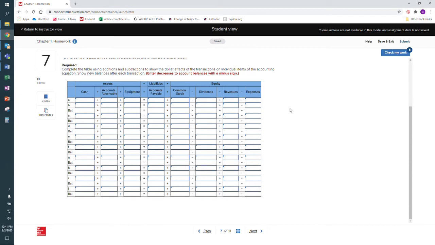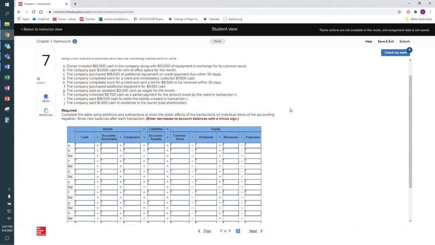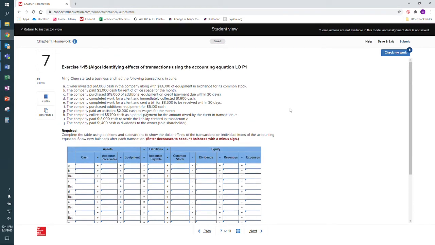Remember when we did transaction analysis for the lecture, we said that every transaction affects at least two accounts. So we're going to go through here and we're going to look at the first one. Owner invested $61,000 cash in the company along with $13,000 of equipment in exchange for common stock. What accounts are involved in this transaction?